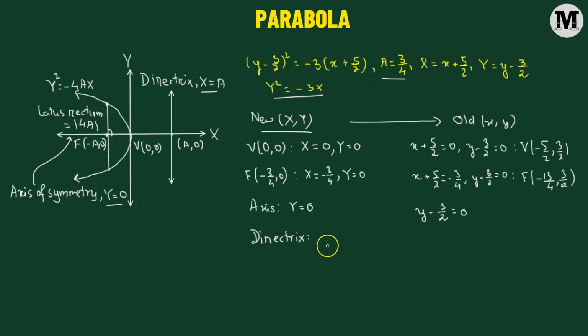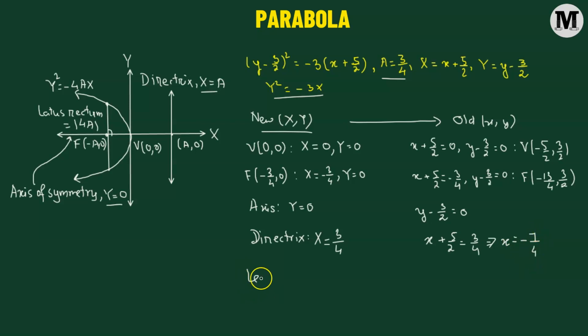So a here is 3 over 4. That means in the new coordinate system, the equation of the directrix is X equals 3 over 4. So we have to go to the old coordinate system. We'll replace the value of X with x plus 5 over 2. So this will be equal to 3 over 4. Solving for x, we get x equals negative 7 over 4.